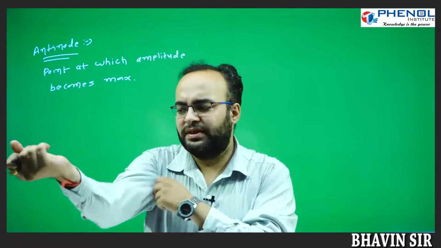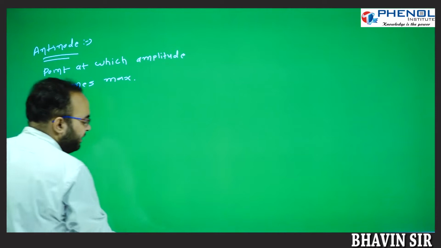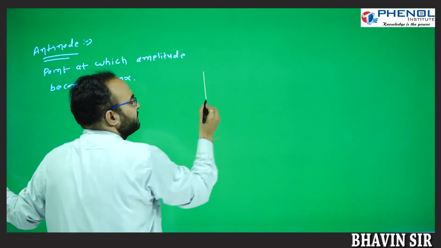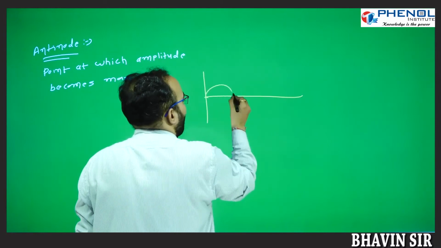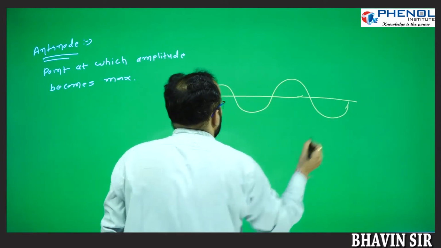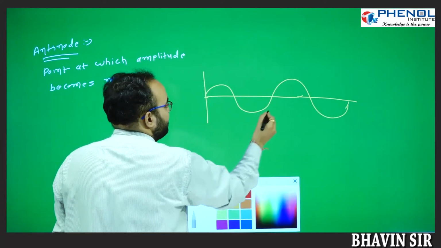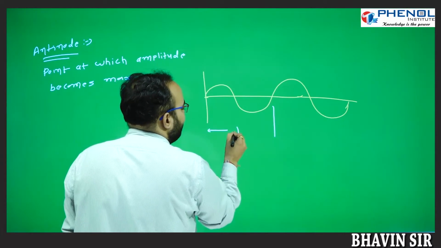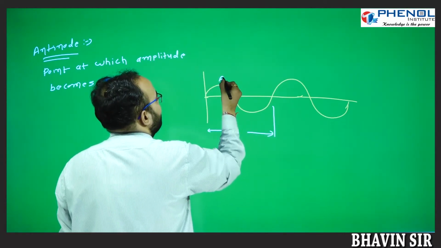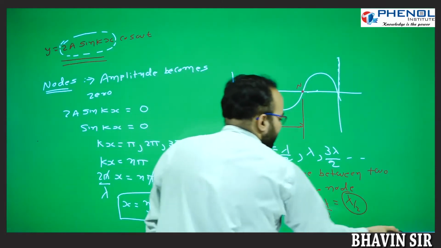See students, now what are those points? Chalo, see, suppose this is the complete lambda. So see here, those points are antinodes. Okay, first we defined nodes, now antinodes.